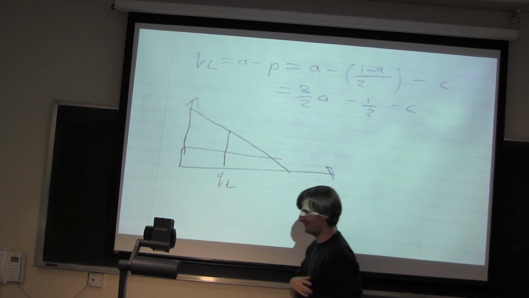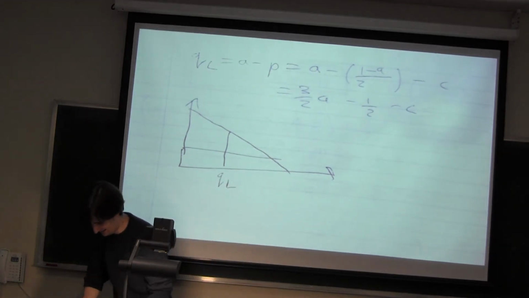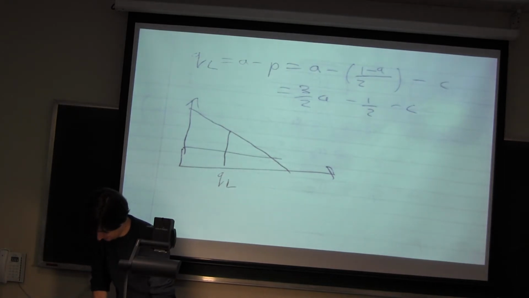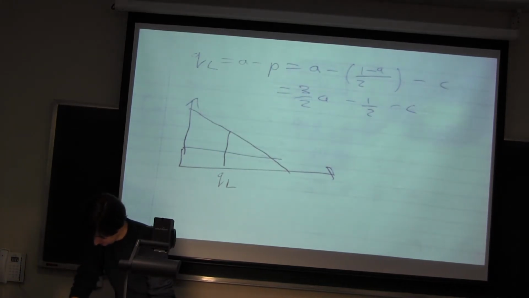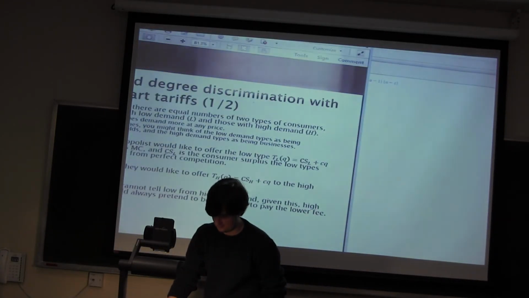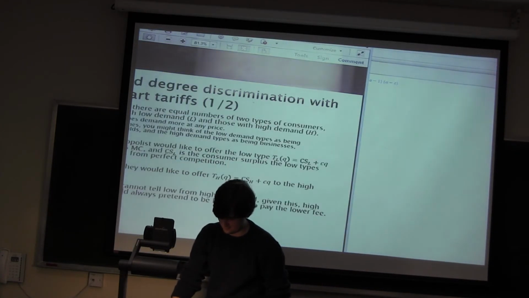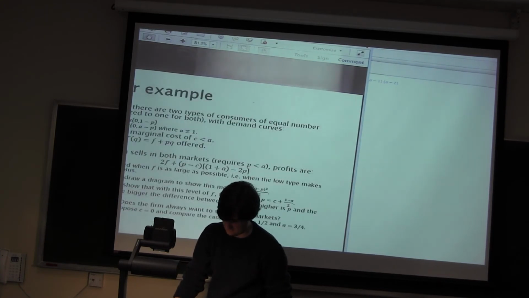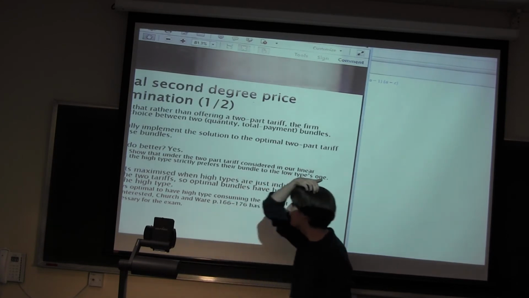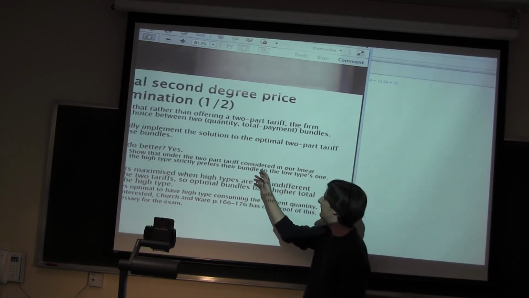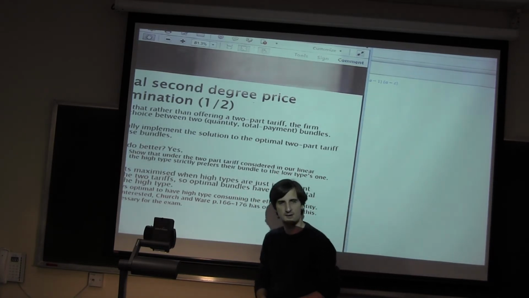So to go back to the very start, this was actually a simple thing which I've made complicated. The exercise was to show that under the two-part tariff considered in our linear example, the high type strictly prefers their bundle to the low type's bundle.